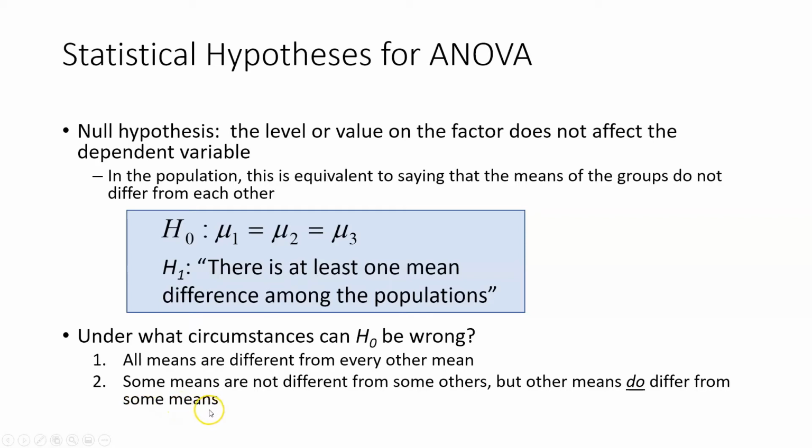And so instead of writing this out in some kind of statistical format, we have to write in words something like, there is at least one mean difference among the populations. So we would violate the null hypothesis if mean 1 and mean 2 were the same, but mean 3 were different. Or if mean 1 and mean 2 were different, but mean 3 was the same as mean 1. Something like that.